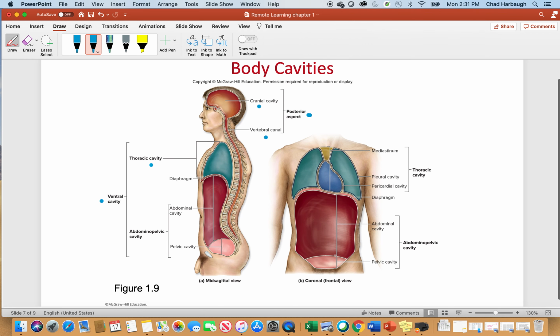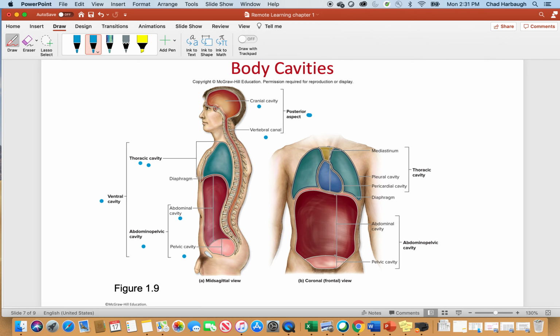We're going to be looking at the thoracic cavity, which is the superior thoracic cavity here, including the diaphragm. And then we're also going to be looking at the abdominal pelvic cavity, which includes two structures, the abdominal cavity and also the pelvic cavity.